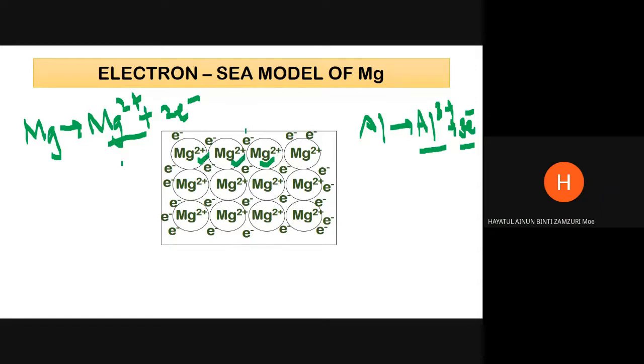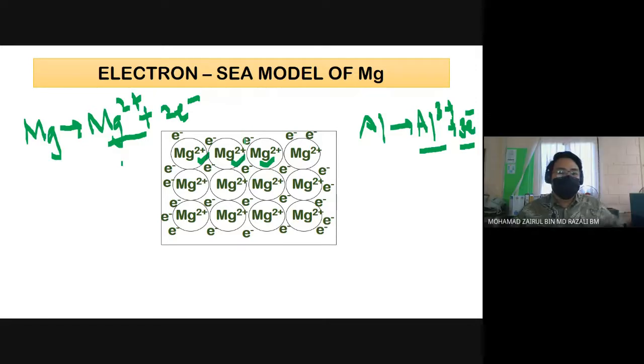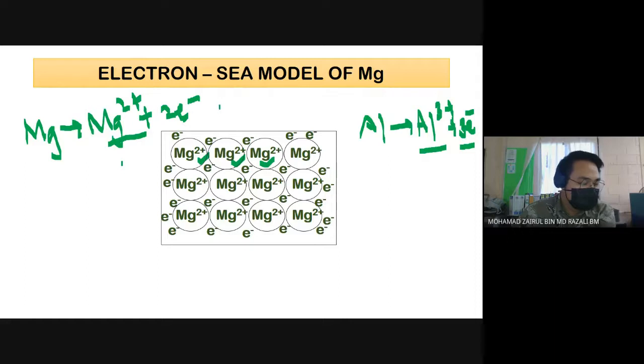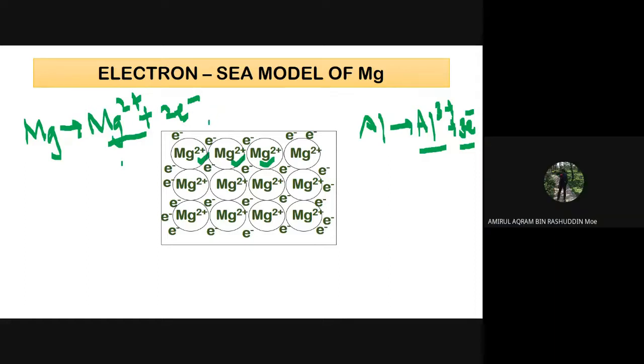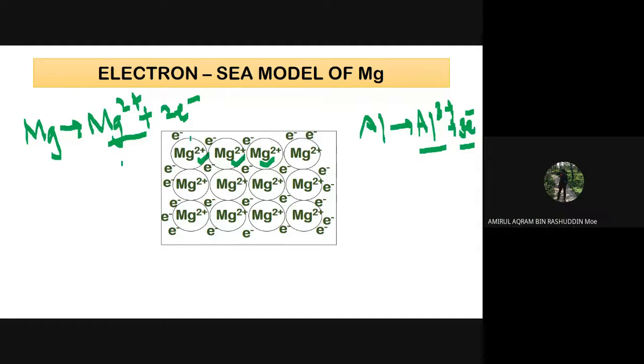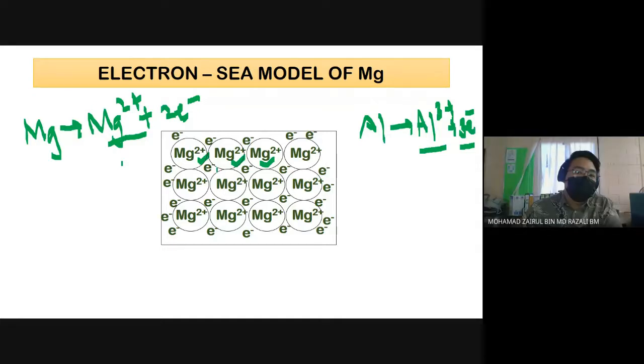Yes, sir. Alright. Okay. So, ada soalan lagi? Sir, last Sir. Ya, boleh. Kalau elektron tu tak tally dengan charge magnesium ion tu, apa jadi kat metal tu Sir? Tak tally tu dia tak jadi apa-apa pun sebenarnya.